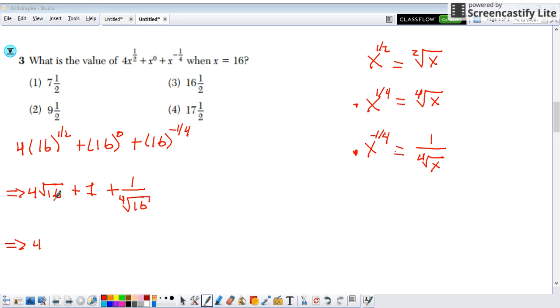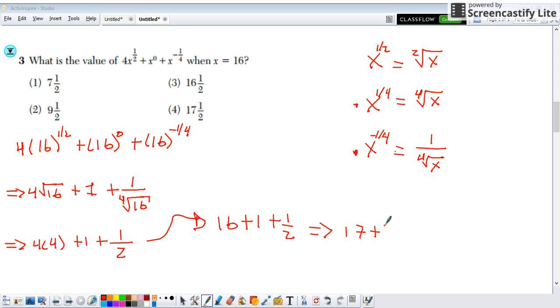We have 4 times the square root of 16, which is 4, plus 1, plus 1 over the 4th root of 16, which is 2. So I have 16 plus 1 plus 1/2, which is the same as 17 plus 1/2, which is equal to 17 1/2, which means that our correct option is option 4.